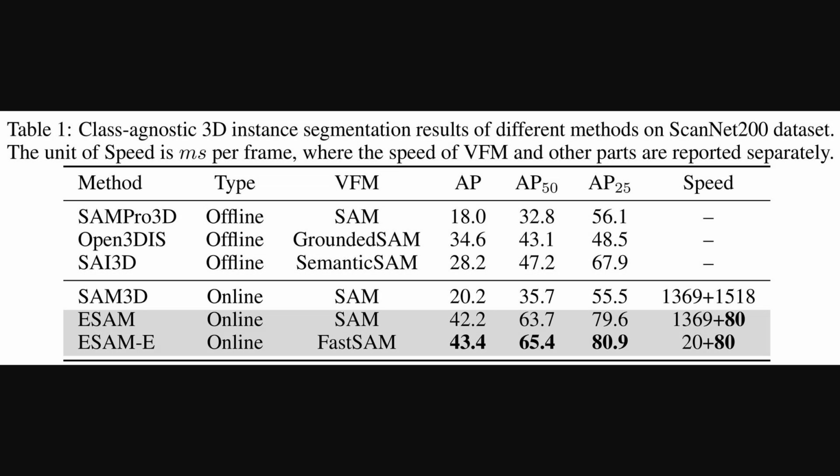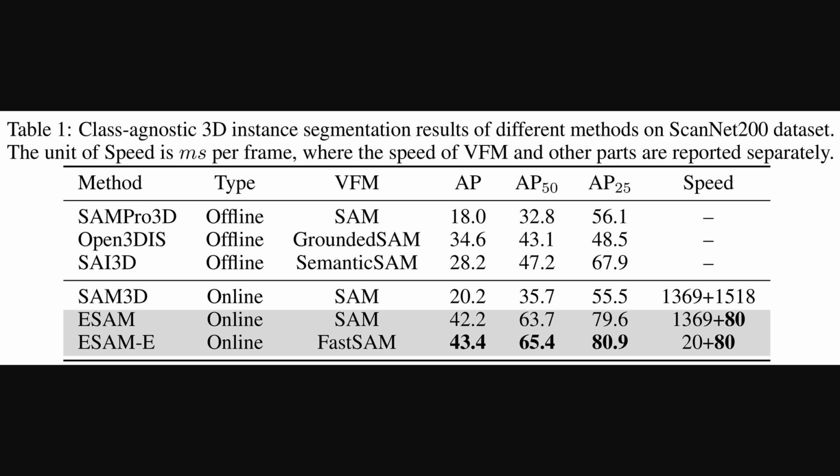Building on that strong generalization, this table, Table 1, now focuses on core performance on the ScanNet 200 dataset. It compares methods for class-agnostic 3D instance segmentation, that's identifying individual 3D objects without knowing their specific type. We see metrics like overall average precision, AP50, and also AP25, where AP25 is average precision, requiring at least 25% intersection over union.